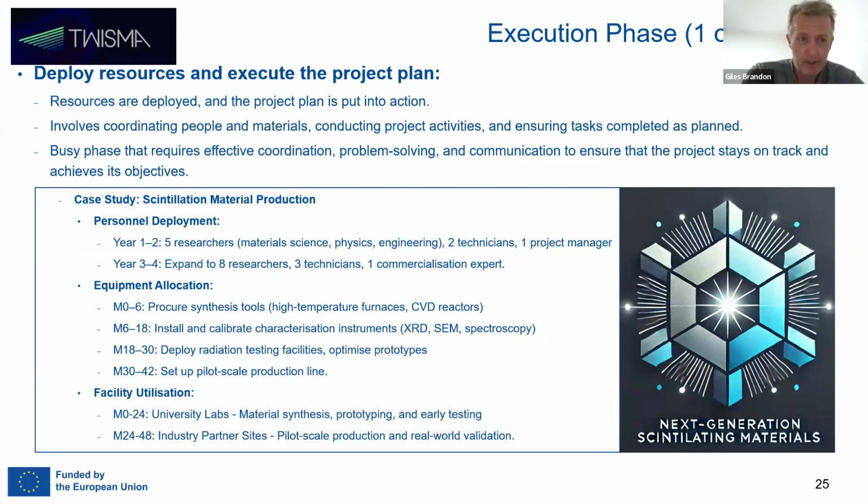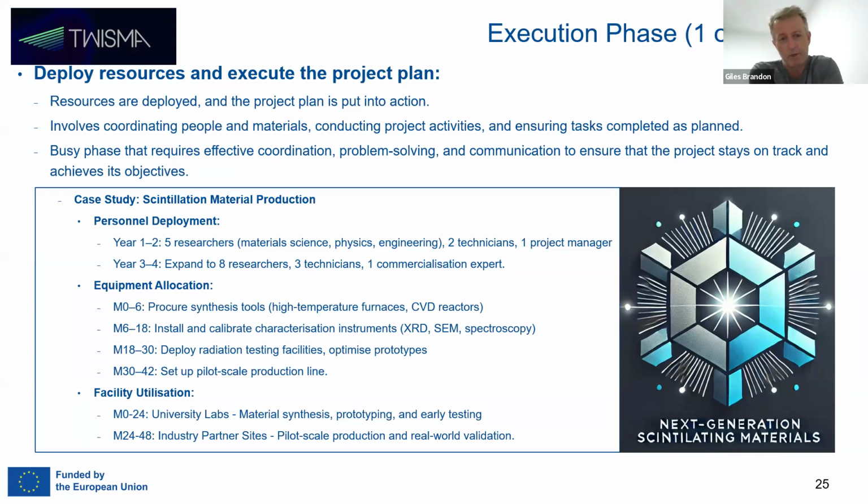In the context of our case study, personnel deployment, so maybe we're saying, between years 1 to 5, our aim is to have 5 researchers, 2 technicians and 1 project manager working on the project. They need to be contracted, employed, they need to have a clear understanding of what their roles and responsibilities are. But later in the project, by years 3 and 4, maybe the aim is to expand our team.